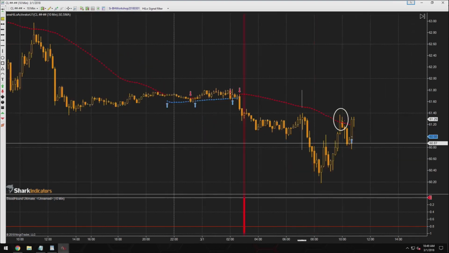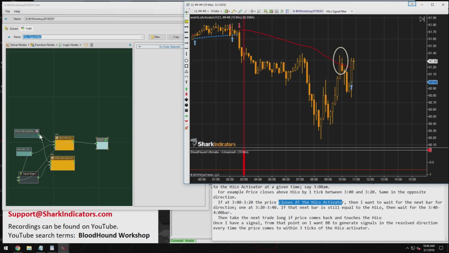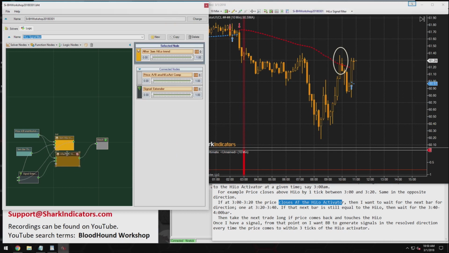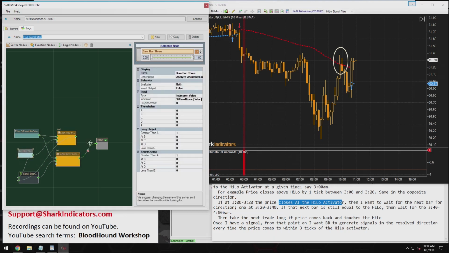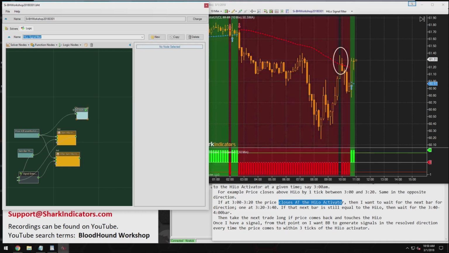Let's see, actually, yeah, we had a situation there. In order to test this, I'm going to have to modify this 3 a.m. time just to test it temporarily.